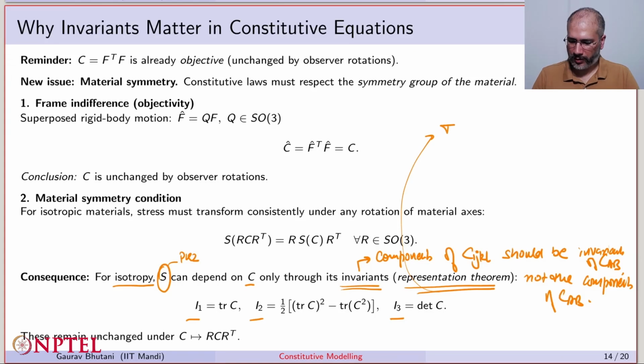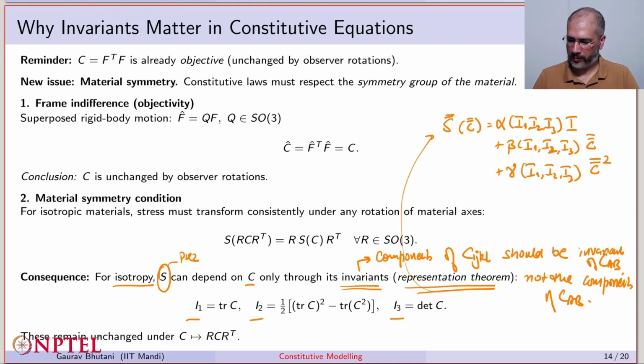That sigma tensor, which is written as a function of C tensor, or in this case it's actually S, is written as some coefficient alpha, which is a function of the three invariants I1, I2 and I3, times identity, plus another coefficient beta, which also depends on the three invariants, times C, plus gamma, which again depends on the three invariants, times C squared.